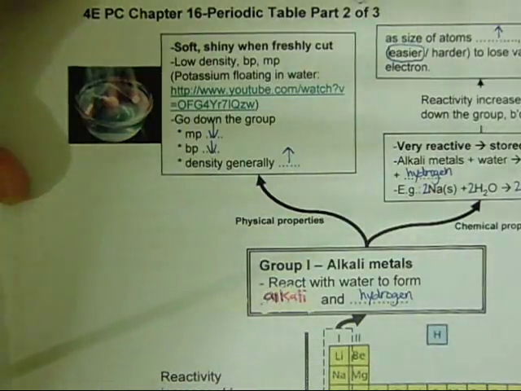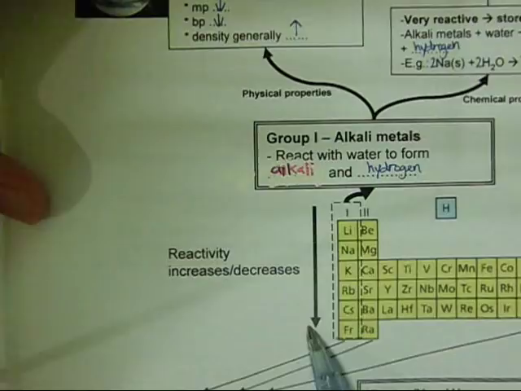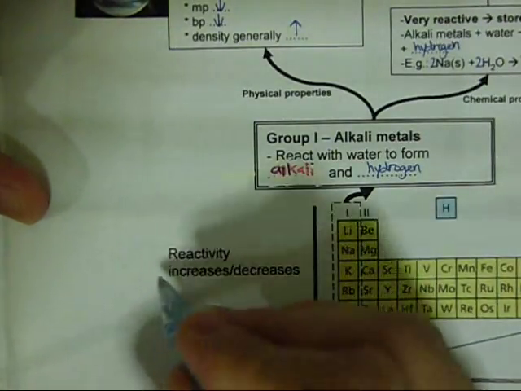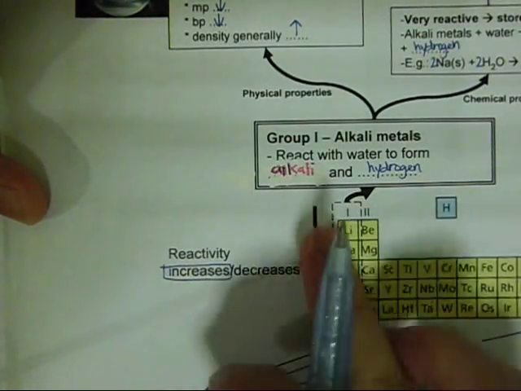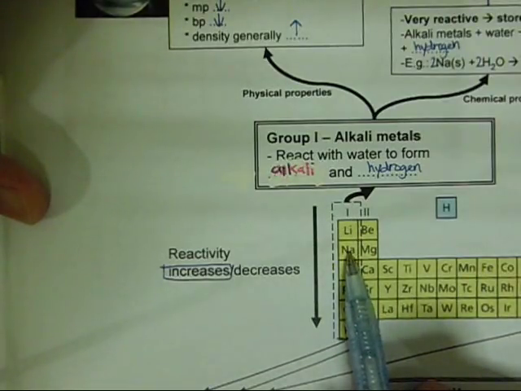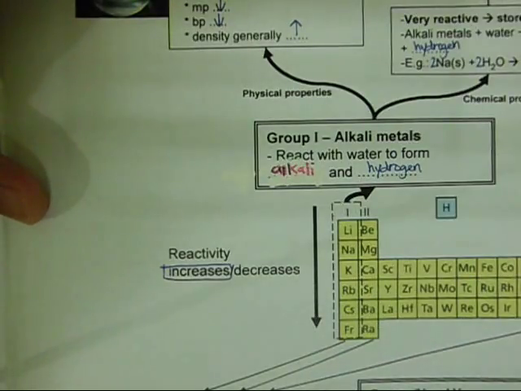Well, I've written it down somewhere here. Oh, it's here. See, as you go down the group, reactivity actually increases, which means that sodium is more reactive than lithium, potassium is more reactive than sodium, rubidium is more reactive than potassium. So as you go down the group, reactivity actually increases.